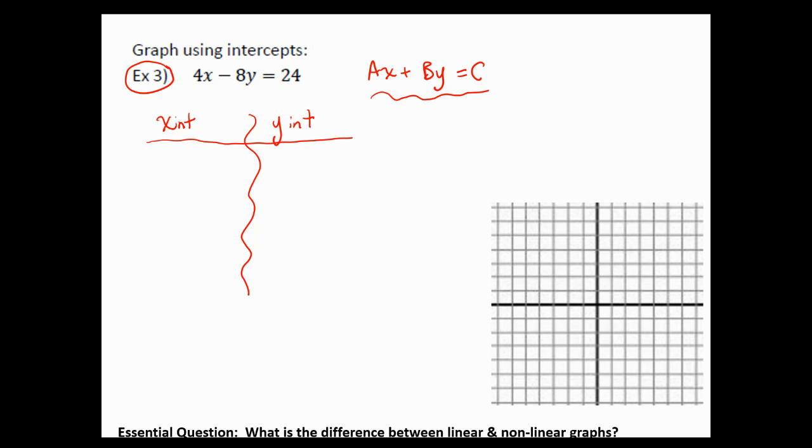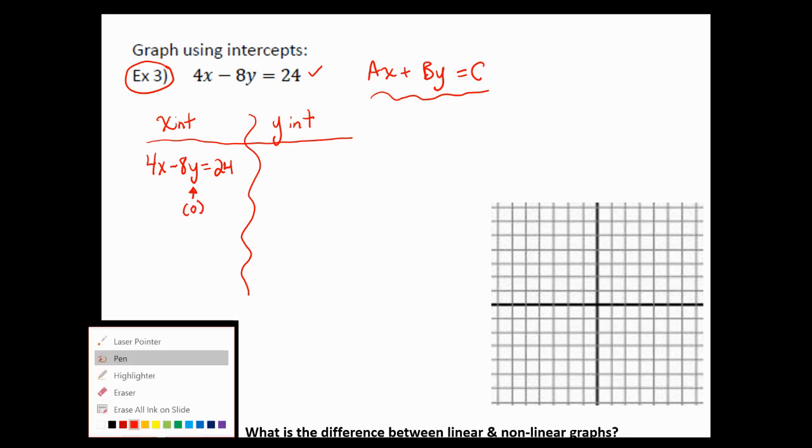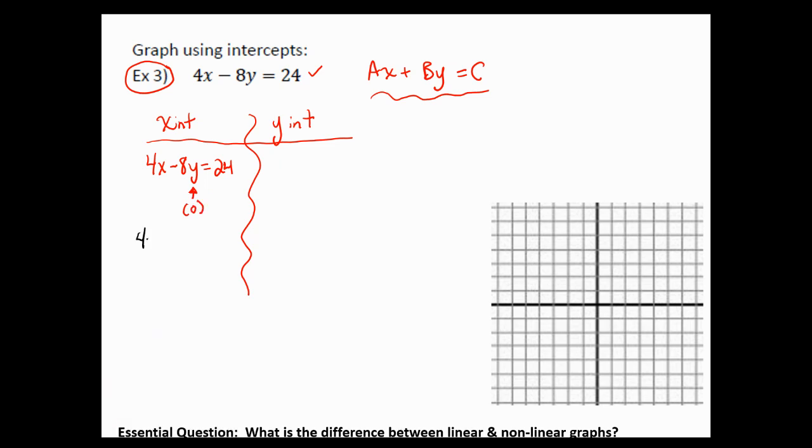Okay, so if you're going to find the x-intercept, you make the other letter 0. So I'm just writing the equation down from right here. So you're going to make the y worth 0. So let's plug that in. So 4x minus 8 times 0 equals 24.